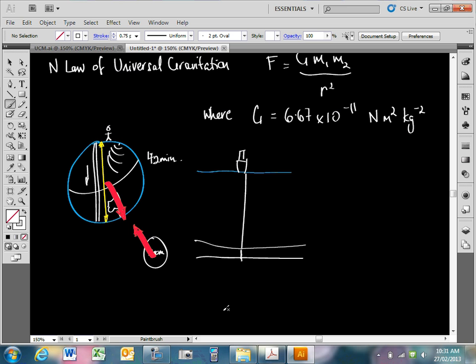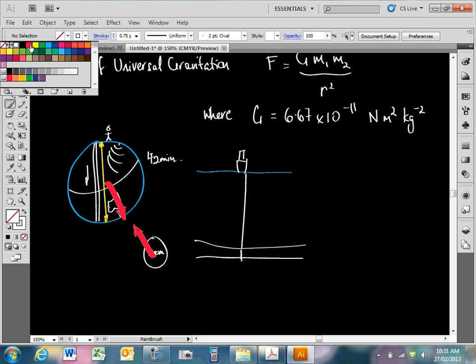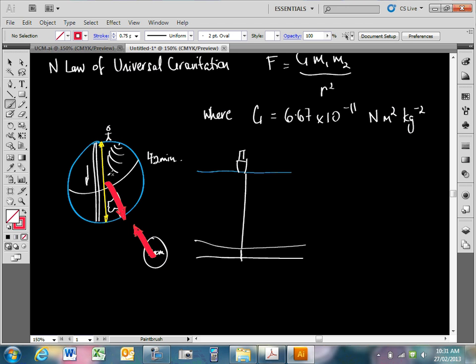Because the forces are equal for me and the Earth also. Here's the force of the Earth on me and me on the Earth. Equal and opposite forces, but when I jump, I get pulled back to the Earth. What's going on there?